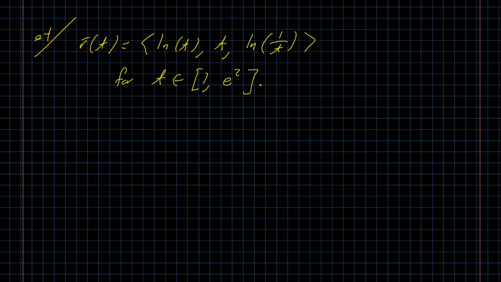So as an example, I would like you to take a look at the vector valued function r of t with components natural log of t, t, and natural log of 1 over t. And we're specifically going to be looking at the window for t between 1 and e squared.